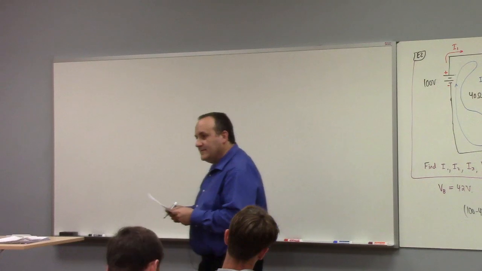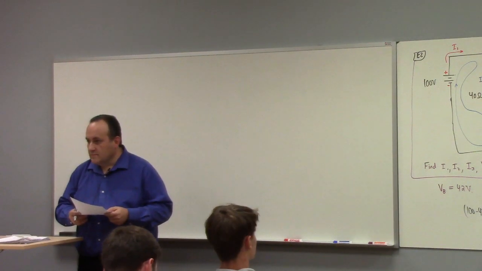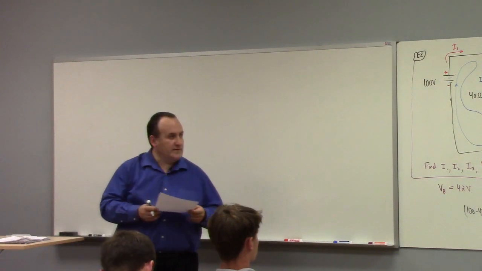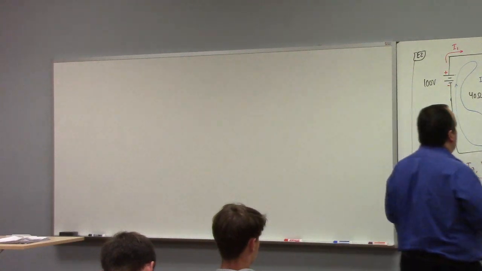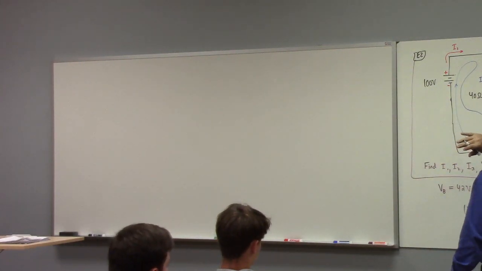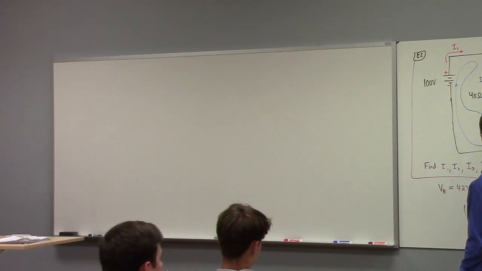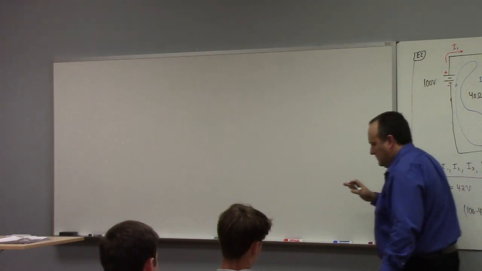But yeah. So, for example, how would we do that one if there wasn't the 60 ohm resistor? If the 60 ohm wasn't there, you'd have I2 and I3. Just a second, let me try.